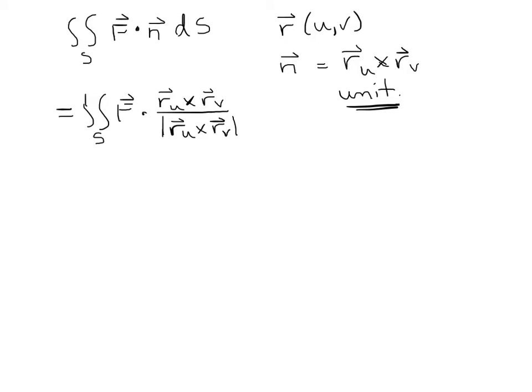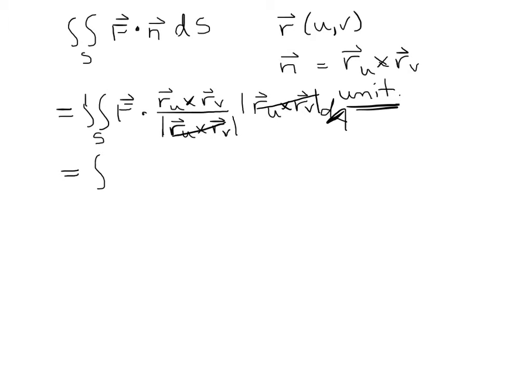And if, on the last video, we had our surface being described by a vector function, we would multiply our function by the magnitude of r sub u cross r sub v dA. So at this point, the magnitudes of r sub u cross r sub v can cancel.